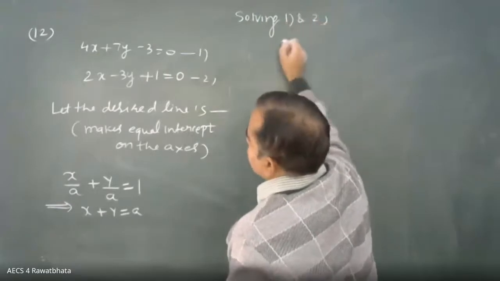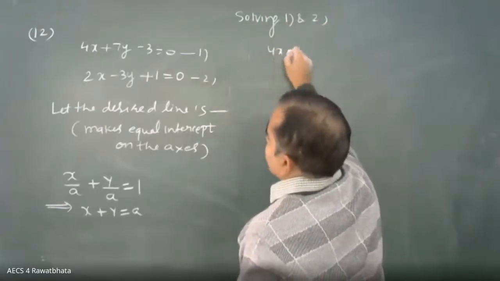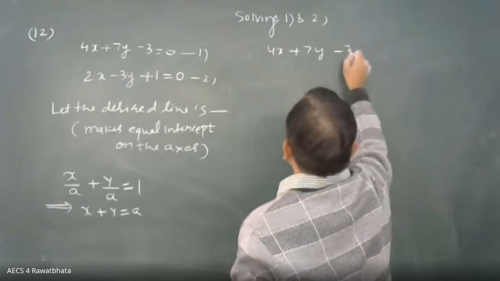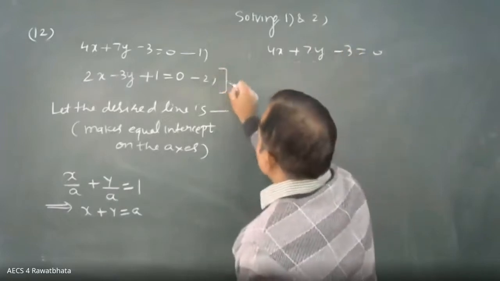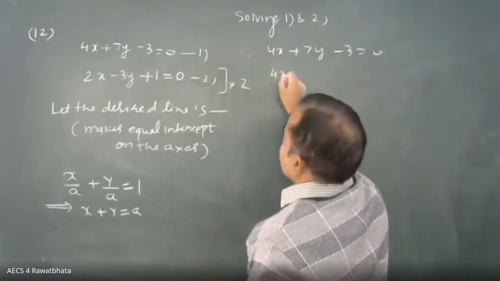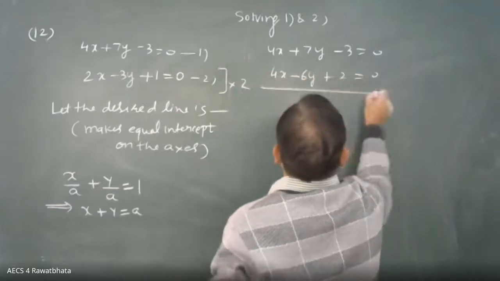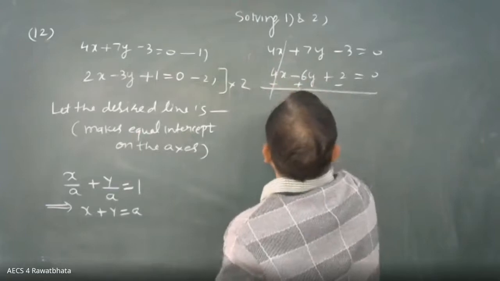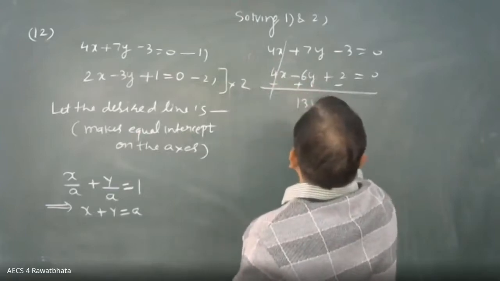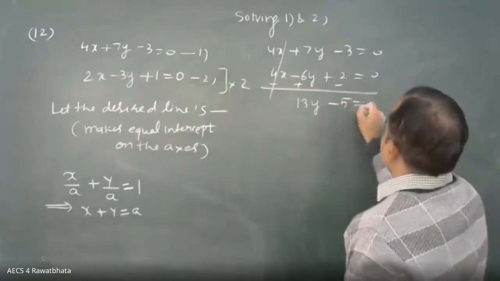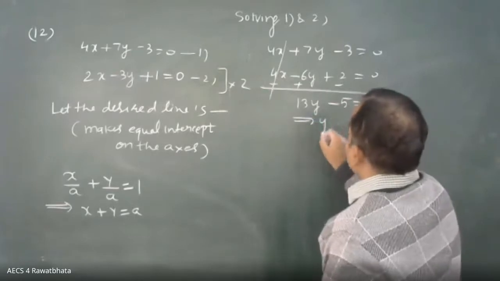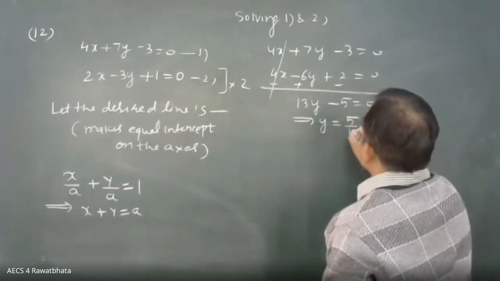So if I solve 1 and 2, the first line is 4x plus 7y minus 3 equal to 0. And I'm going to multiply by 2 in the second, and this will become 4x minus 6y plus 2 equal to 0. Subtract. This will become 7 plus 6 is 13y minus 5 is equal to 0, which means y is equal to 5 upon 13.